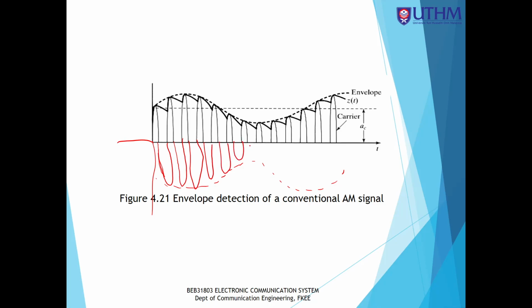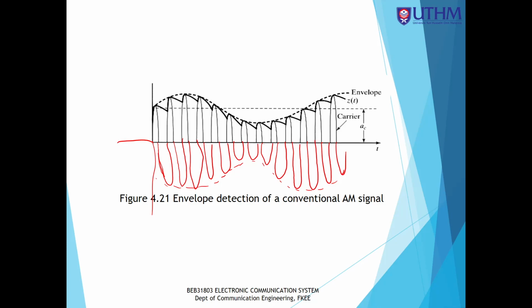This is at the input. So you receive the signal at the demodulator as AM double sideband full carrier, and then it is going to pass through the diode.